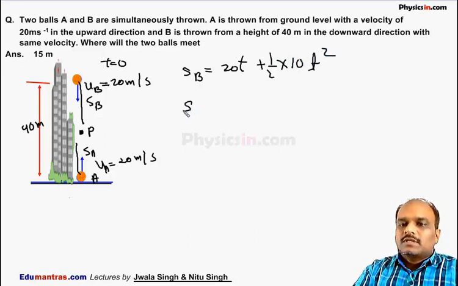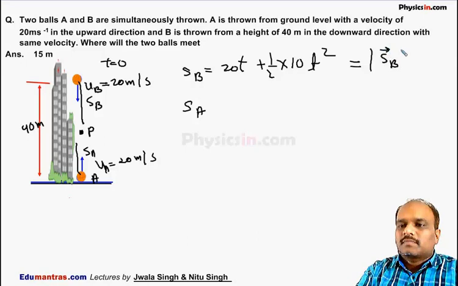In the same way SA, this is actually the mod of SB, SA is equal to uT, u means 20 into T. The acceleration is downward, so it is minus half into 10 T square. This is also equal to the mod of SA.